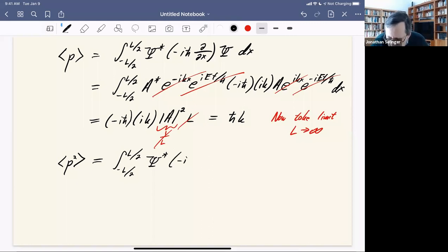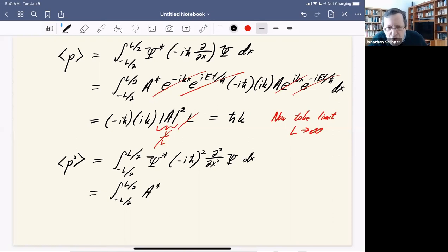So there's a negative i h bar squared and a second derivative with respect to x of psi. We can do this in just the same way, because it's easy to take a second derivative of a complex exponential function.